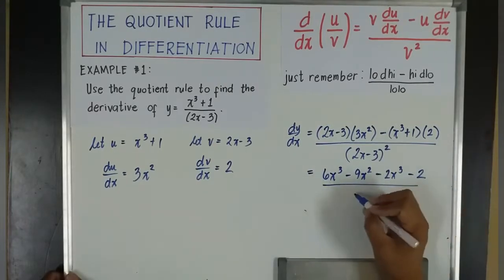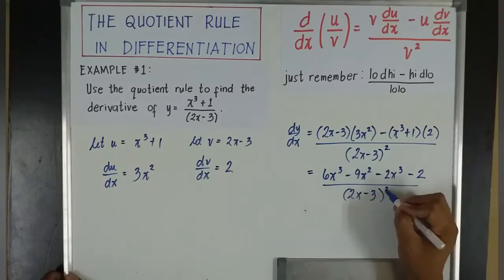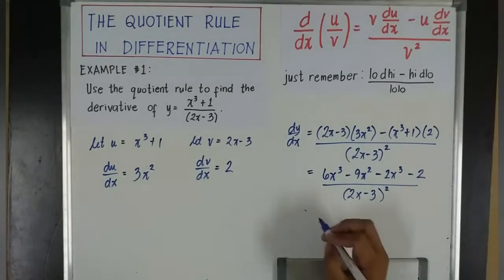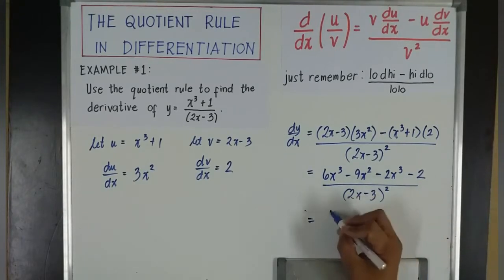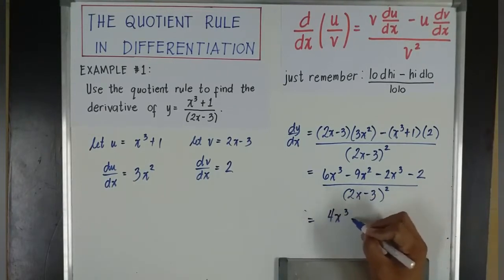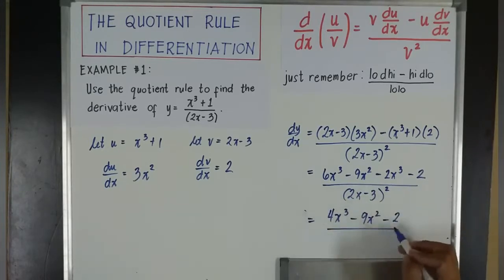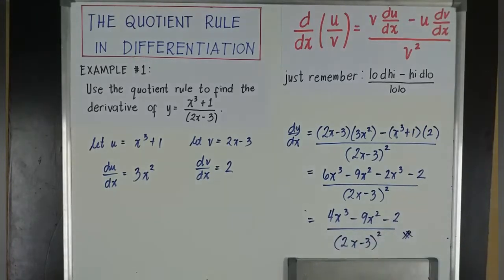Divided by 2x minus 3 to the power of 2. 6x cubed minus 2x cubed will be 4x cubed minus 9x squared minus 2, divided by 2x minus 3 to the power of 2. This can be your answer already. Again, if you want to expand, it's up to you.